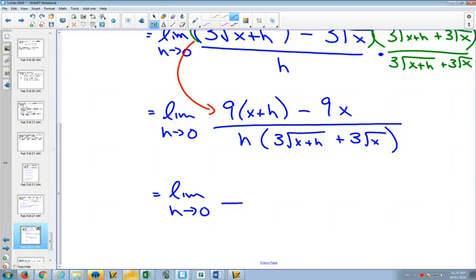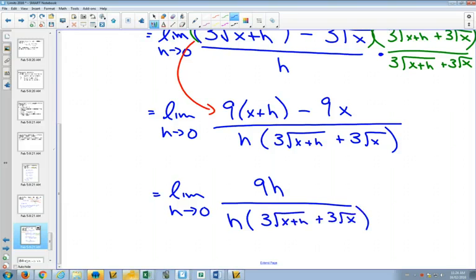So now at this point, if you multiply out the top, you'll get 9x plus 9h minus 9x. Are you okay if I just write 9h? And now our h's can simplify.